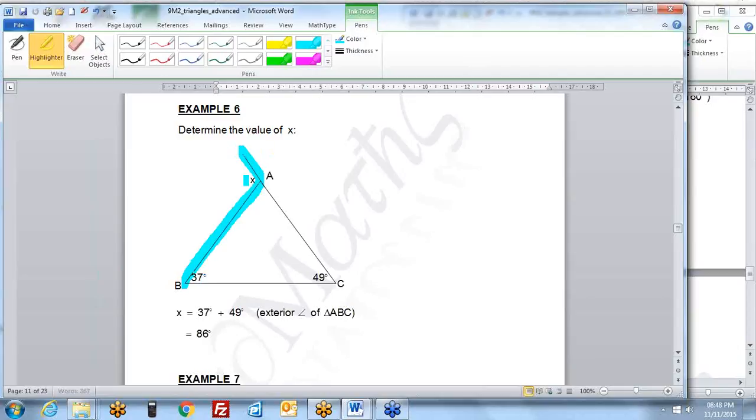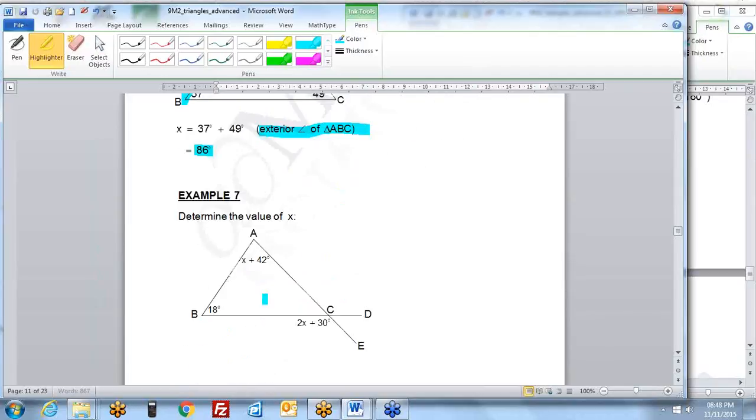So the exterior angle is equal to the sum of the two opposite interior angles. So we're going to say X equals 37 degrees plus 49 degrees. The reason being exterior angle of triangle ABC. And that gives us 86 degrees. So X equals 86 degrees.